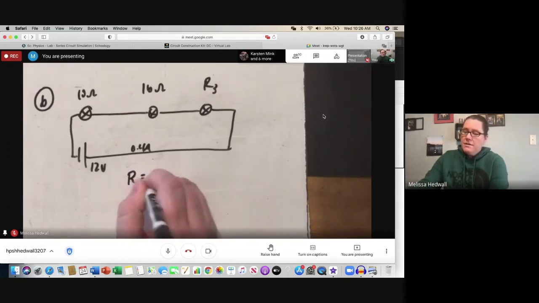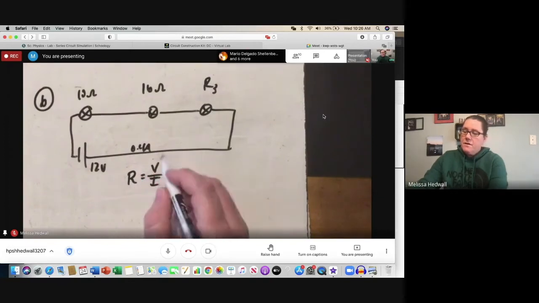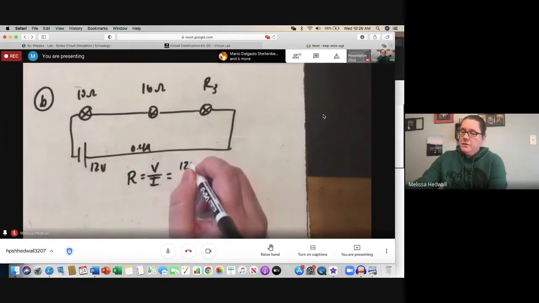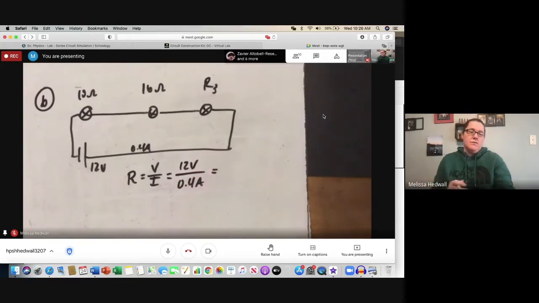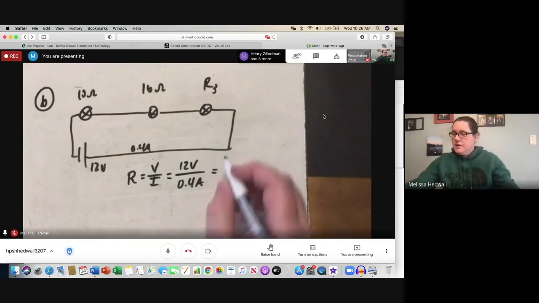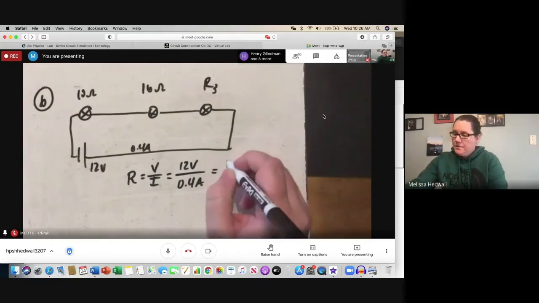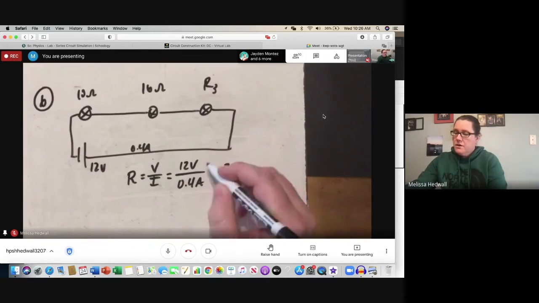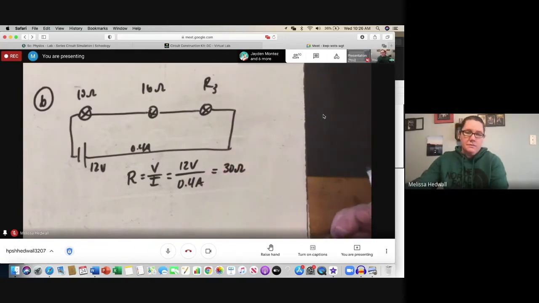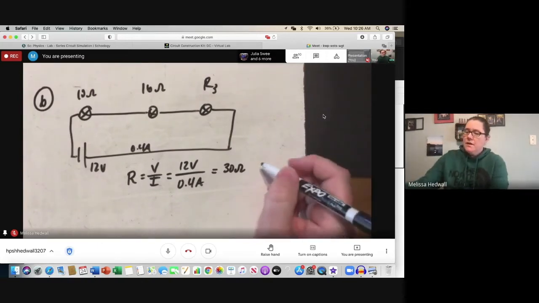We know that R is equal to V over I. So we can take our 12 volts divided by 0.4 amps. That's 30 ohms. 12 divided by 0.4 gives us 30. So that means that the whole circuit has a resistance of 30 ohms.